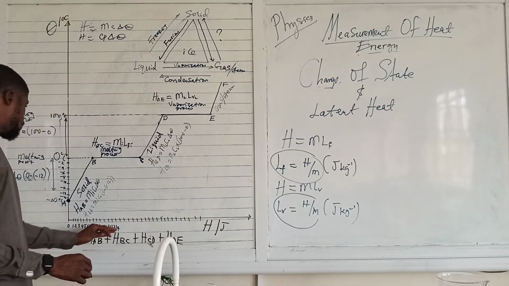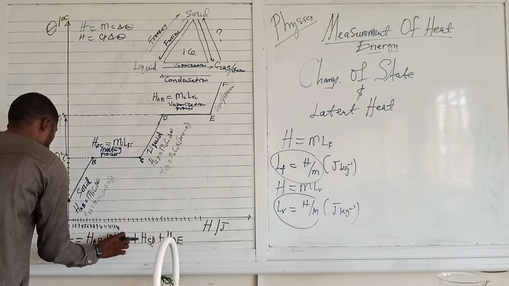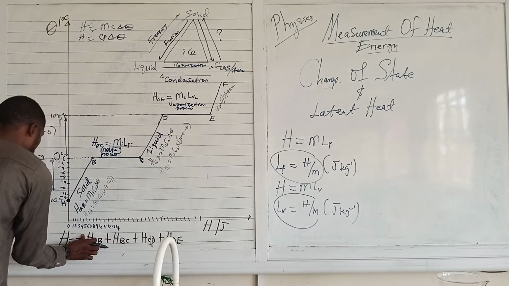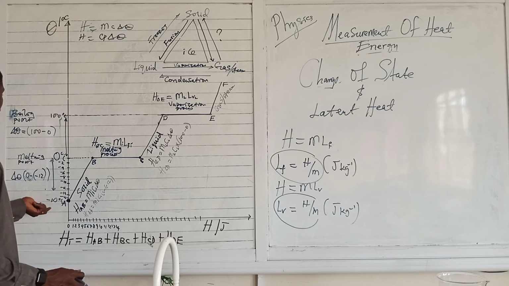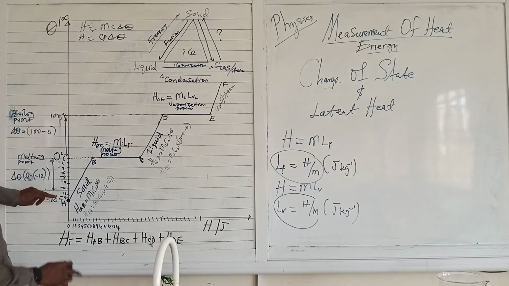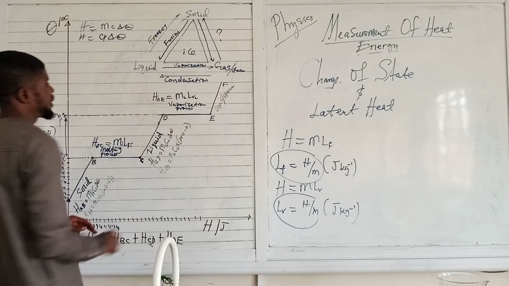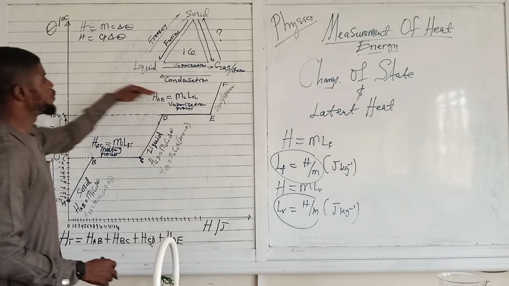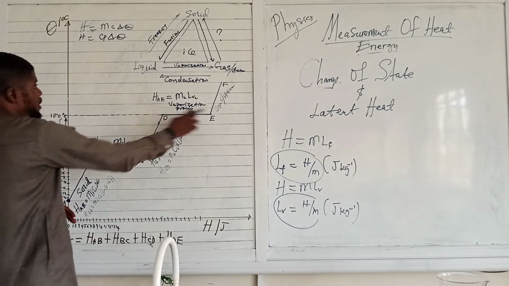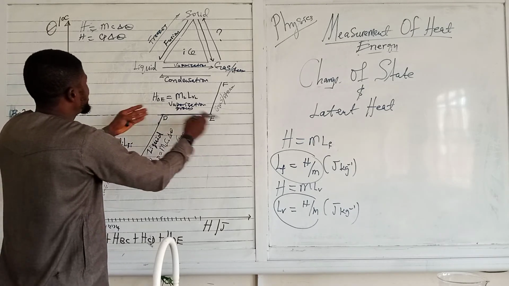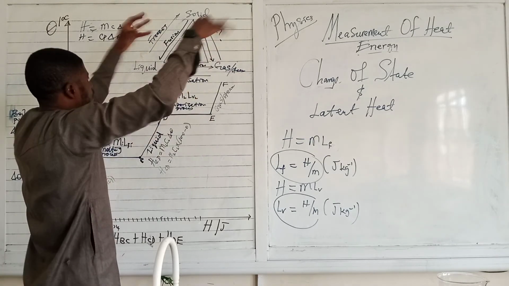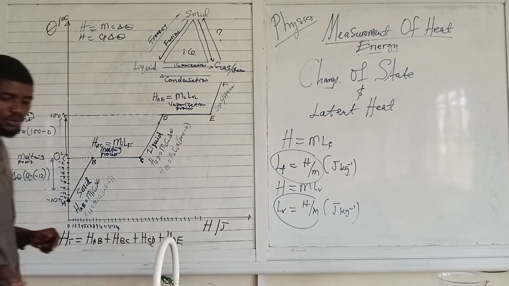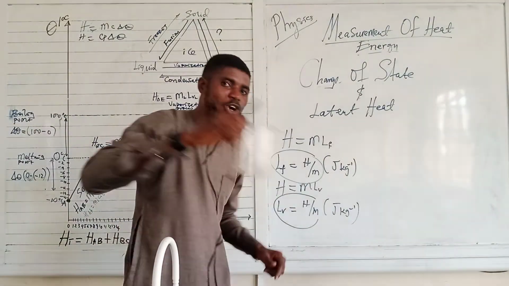So you have four different forms of energy that can change ice at this point to steam at F. This will vaporize it from liquid to gaseous state completely, and then leave you with an empty container.